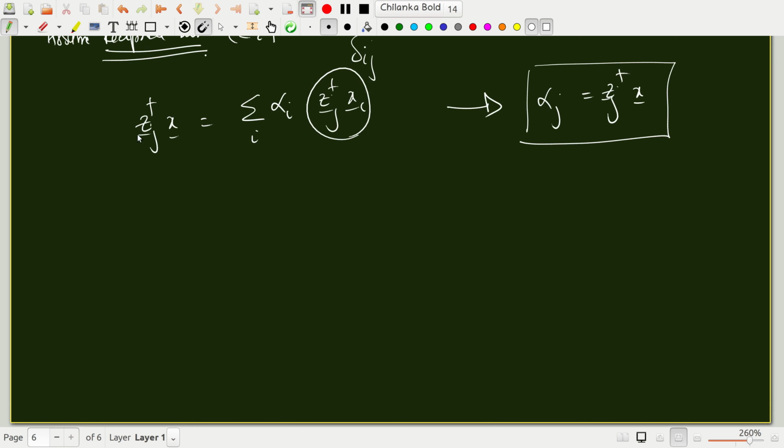Okay, right. So x is the summation of alpha i xi. But what is alpha i? You can also rewrite it as xi alpha i, but alpha i is zi dagger x. So this is xi zi dagger x.